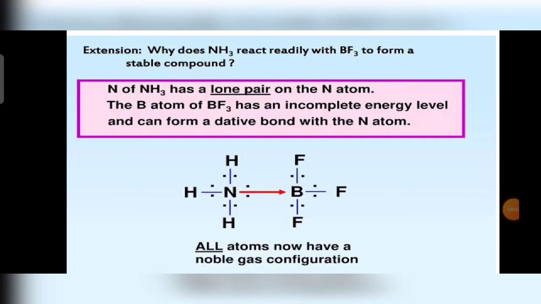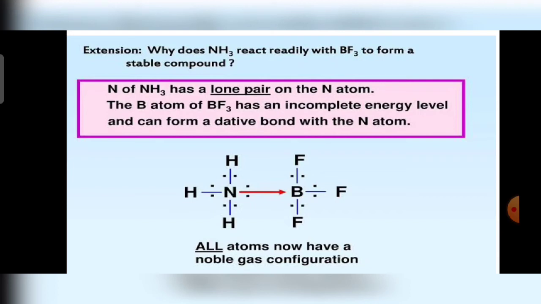Now we will talk about the formation of a coordinate covalent bond between ammonia and boron trifluoride. First, we discussed the formation of a coordinate covalent bond between ammonia and the electron deficient hydrogen atom, in which ammonia donates its extra lone pair of electrons to the hydrogen atom.